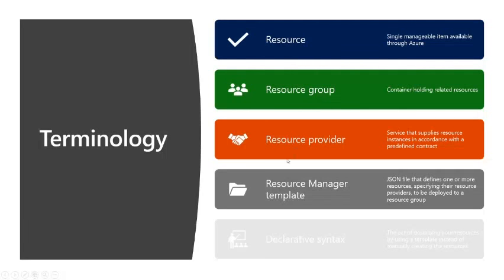It should be related to a resource provider, a service that supplies the resource and instance in accordance with the predefined contract. All these things are in the Resource Manager template JSON file, which specifies the resource providers to be deployed to a resource group.